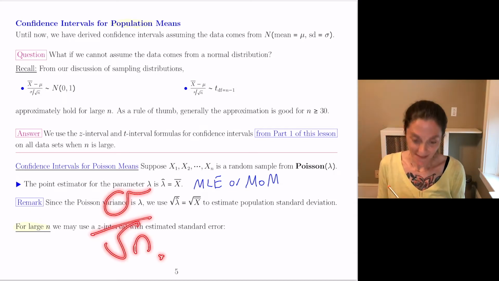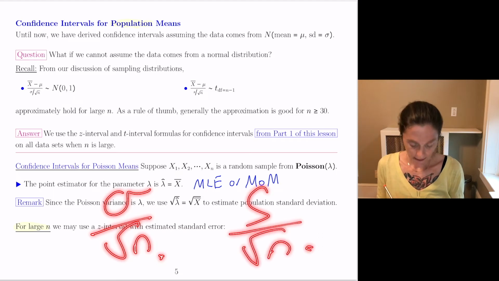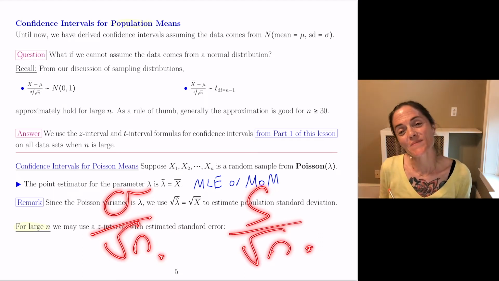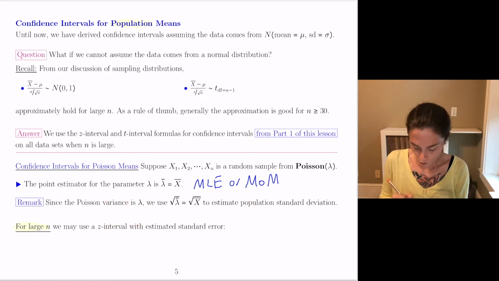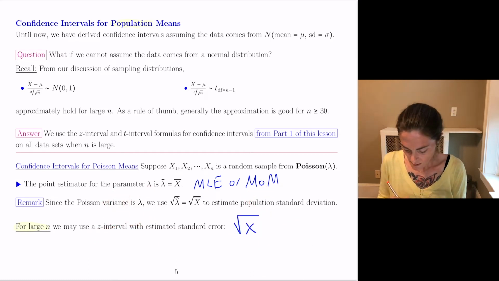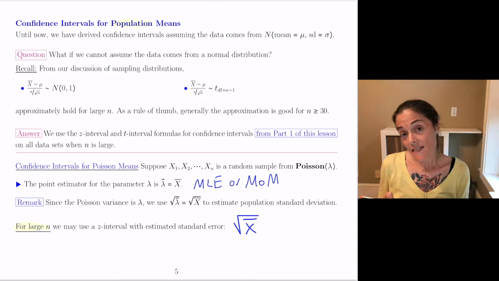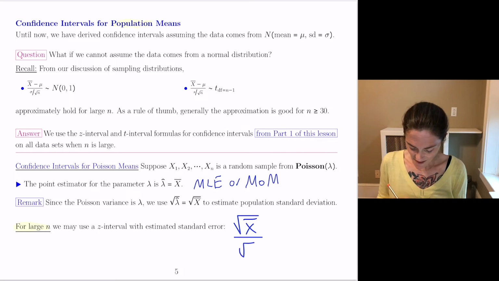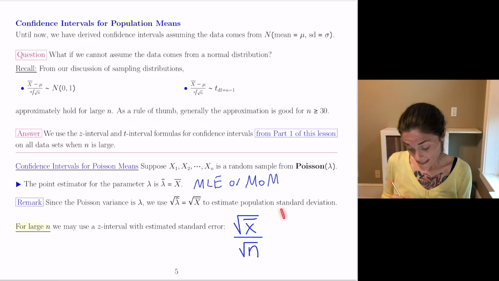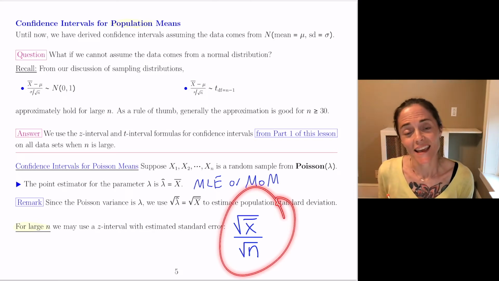And when we don't have that, we use this. But when we are working with a Poisson random sample, we can use the square root of x bar. That would be our estimate of the population standard deviation, and then divided by the square root of n. So we will use this in our z intervals.